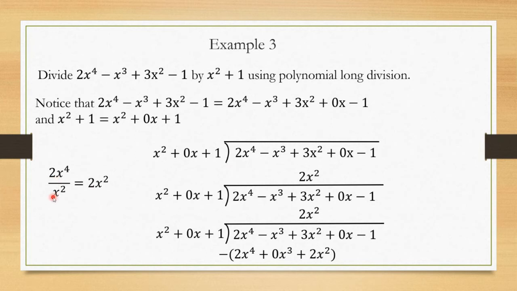You divide coefficients. Here the coefficient is 1, it's not written. Here we have a 2. 2 over 1 is 2. And for the exponents, you subtract to get 2 as well. And 2 times x squared, that's the quotient. You put that over the like term, which is 3x squared.